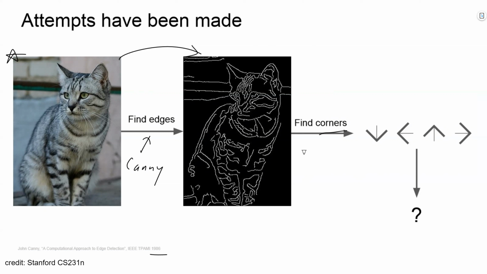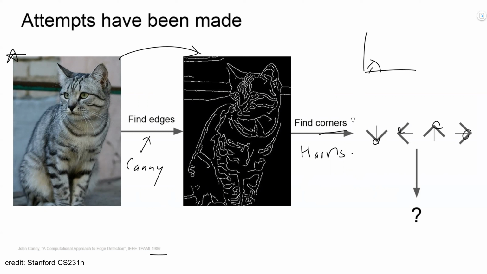Some of you who are familiar with conventional computer vision techniques might have heard of Harris corners. Corners are different from edges. Edges are like this line or this line. Corners are the intersection of two edges, like here, here, here, here.